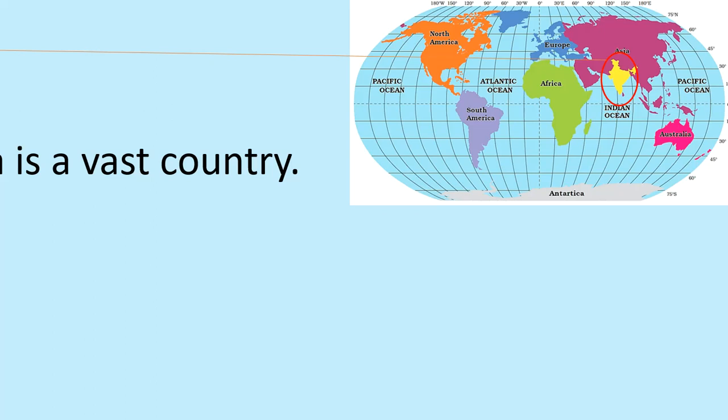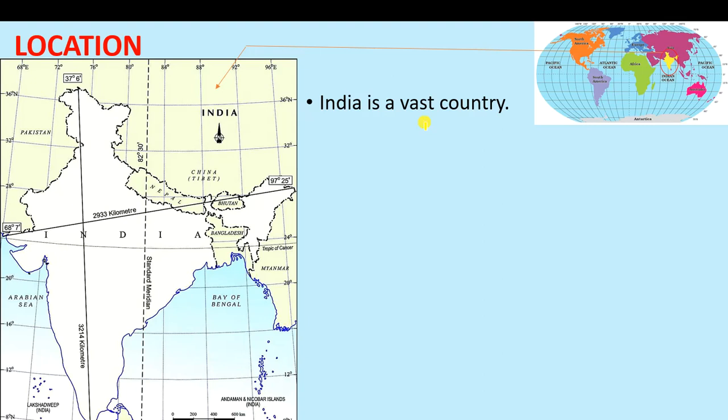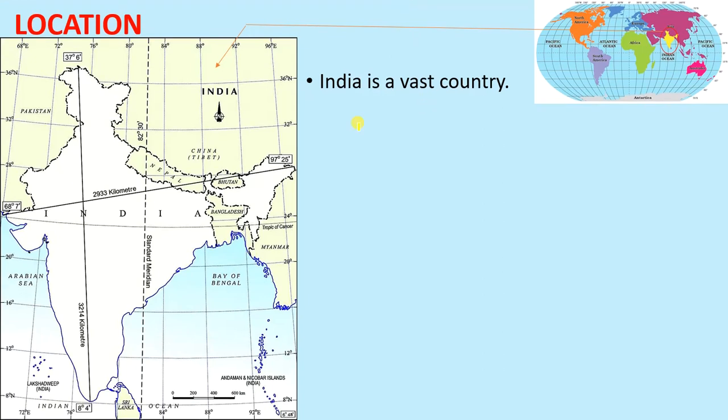According to that, if you divide 24 hours by these 360 longitudes, you get 4 minutes, and that gives us the information that the sun takes 4 minutes to move from one degree to another. So this is the concept about longitude and the sun's movement. Now we discuss the country India.